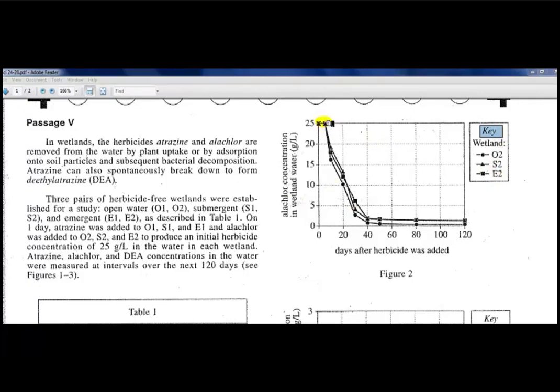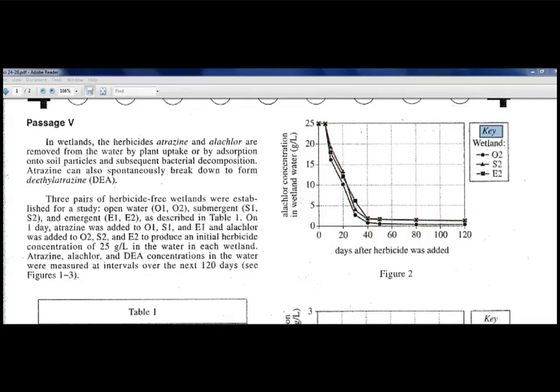It's starting high at a concentration of 25 and going down out here to 120. Everything at about 40 days starts going to less than 2 grams per liter. So they're all doing the same thing.